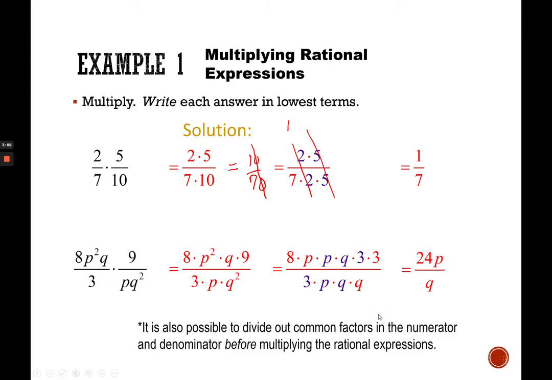Okay, now there's a note here. It is also possible to divide out common factors in the numerator and denominator before multiplying the rational expressions. What it's trying to say is that, let's say you have 9 here, divided by 3, you get 3. But you also do that on the opposite side: 3 divided by 3 is 1.